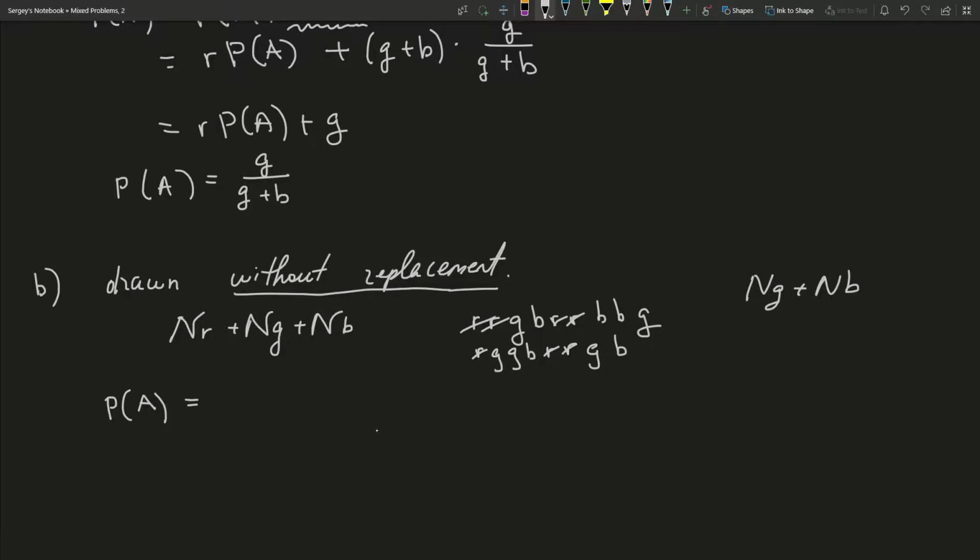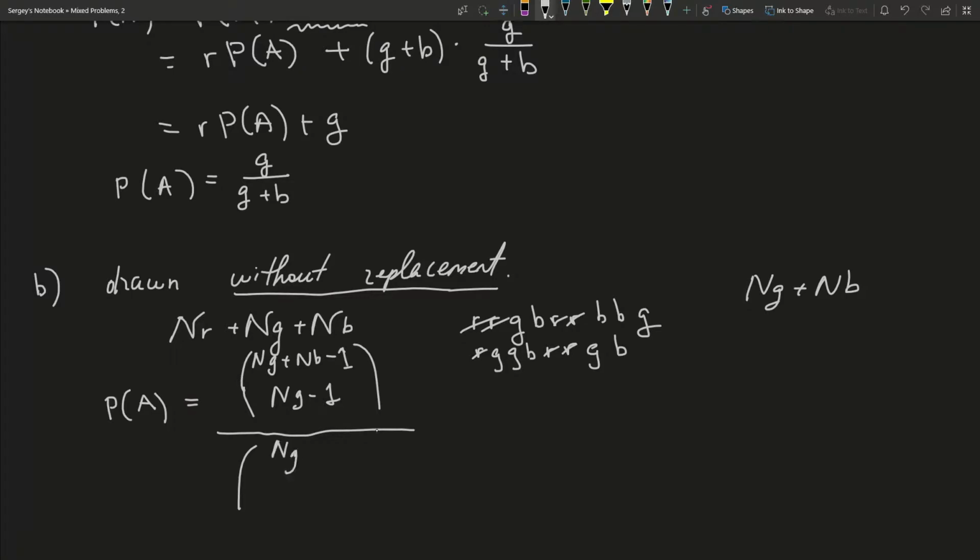Supposing the first ball is green, we now have NG plus NB minus 1 positions of balls to select from, and from these positions we need to pick the ones where the remaining NG minus 1 balls are going to go. So this is the number of sequences of draws of the green and blue balls such that the first one is green. And what is the total number of sequences of these green and blue balls?